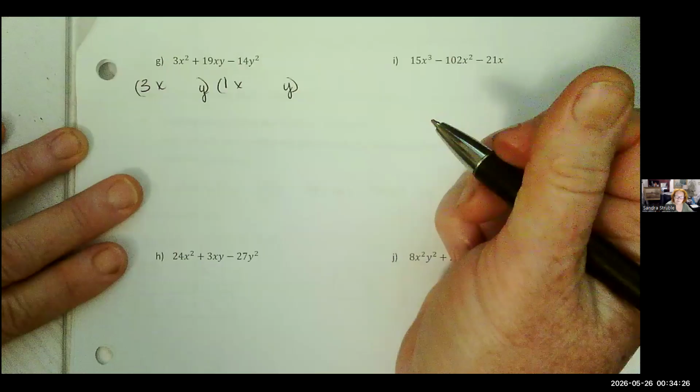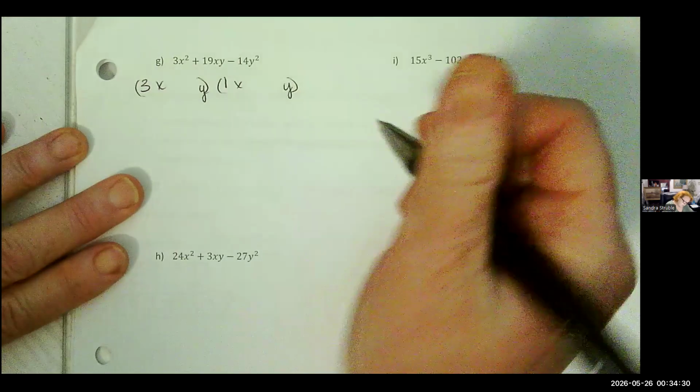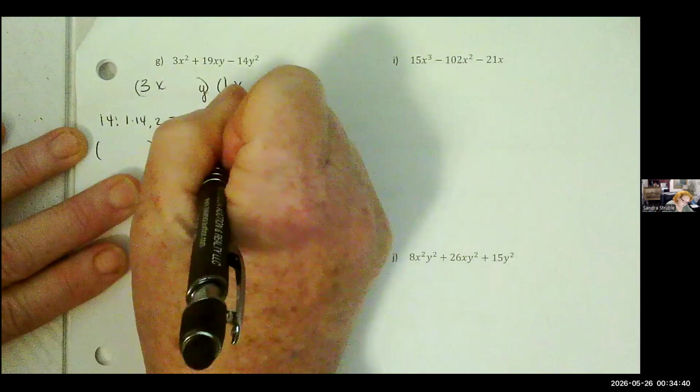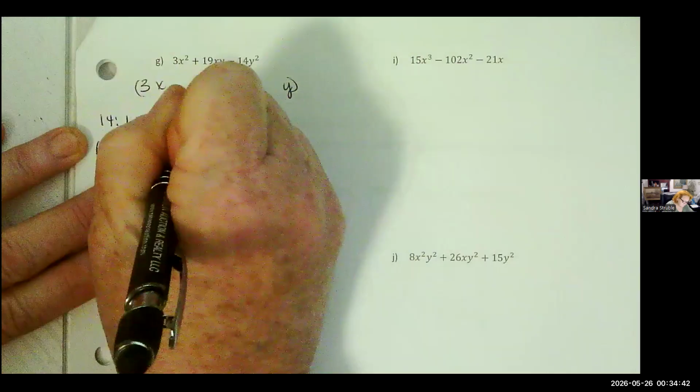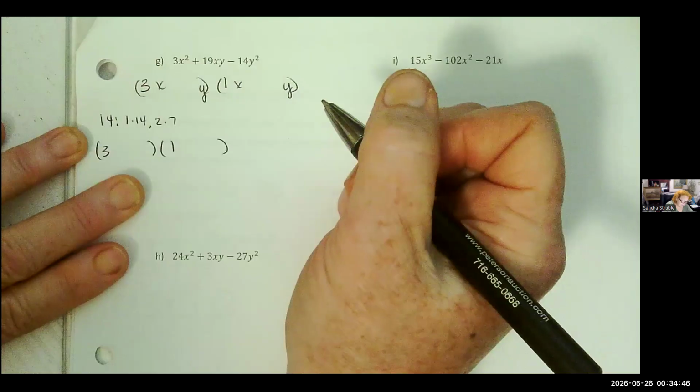So the 14 is what we have to deal with. The factors of 14 are 1 and 14 and 2 and 7. We're doing trial and error. I've got a 3 and a 1, and typically I would try the 2 and the 7, but we could try the 1 and the 14 too.